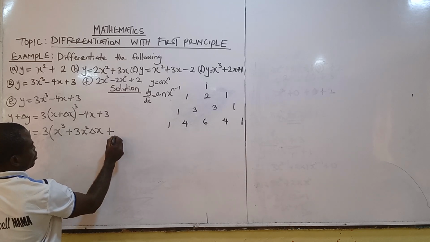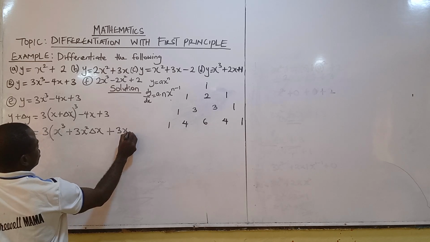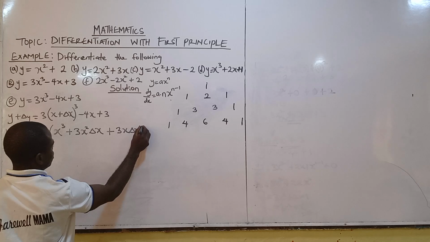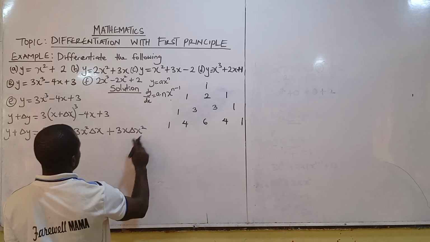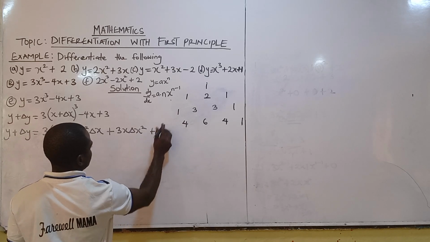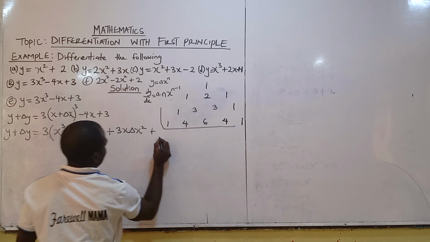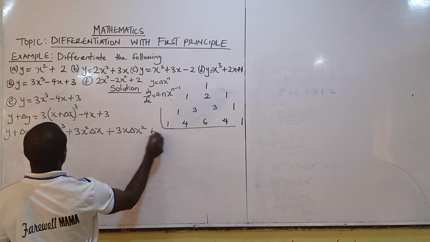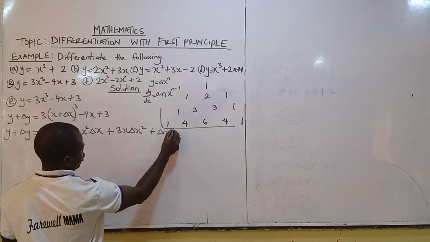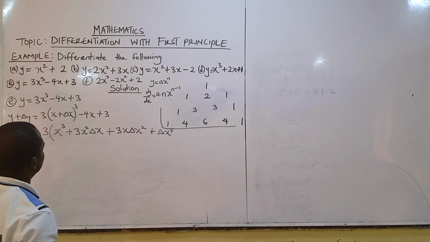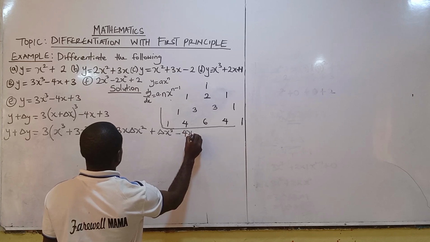plus 3, again 3 x, the dx squared, see that the x is increasing as x is decreasing, plus this one is different, plus the dx cube, plus the dx cube minus 4x plus 3.